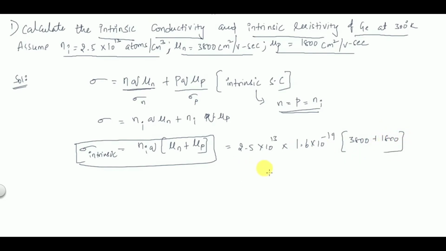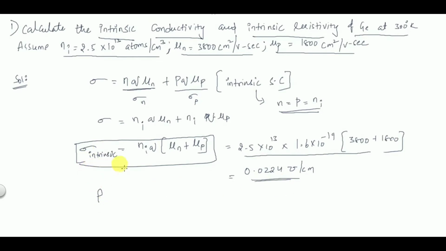If you solve this using your calculator, you will get around 0.0224 mho per centimeter.